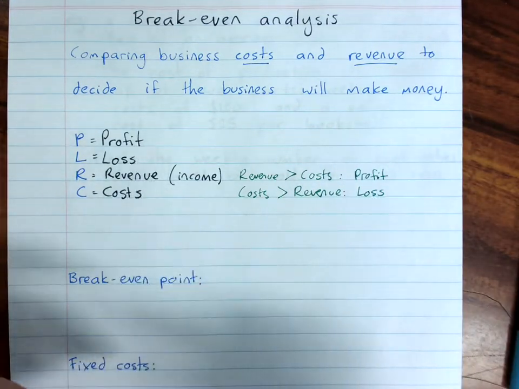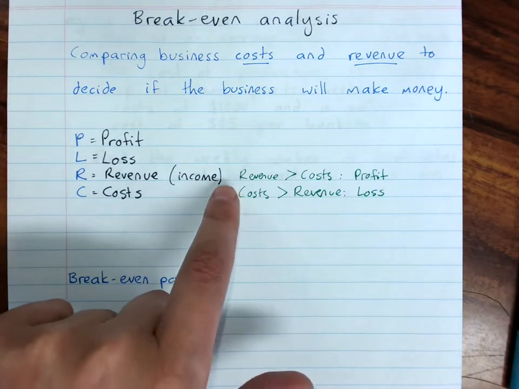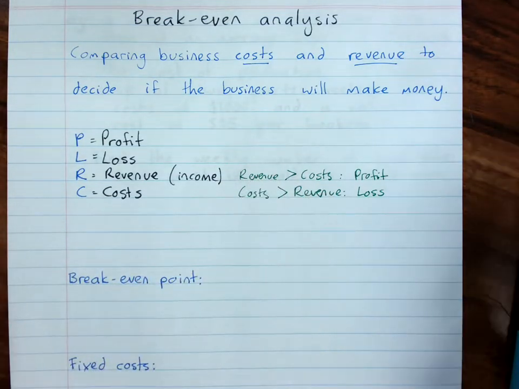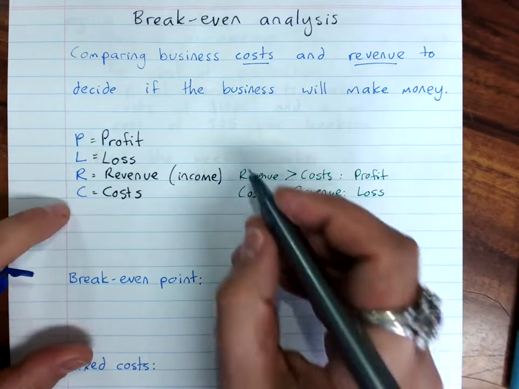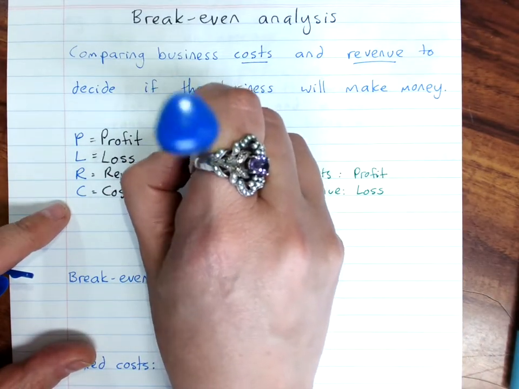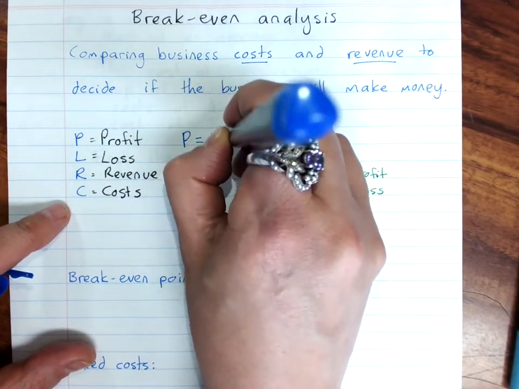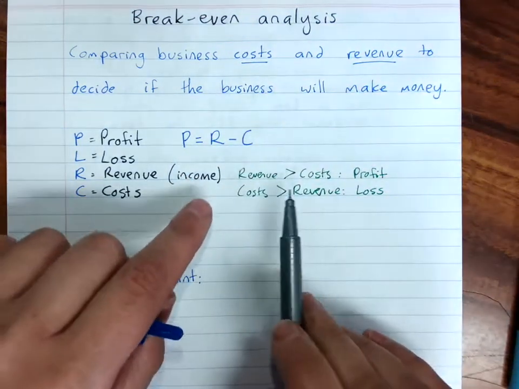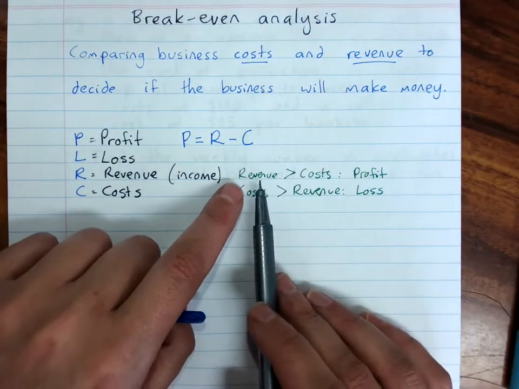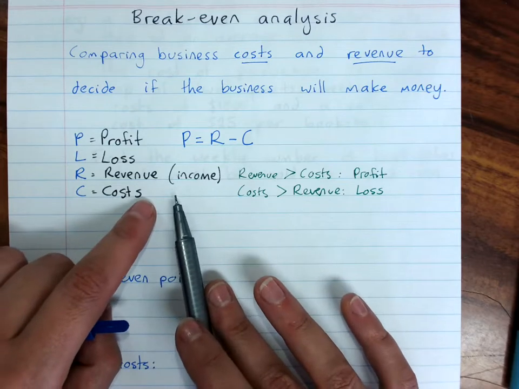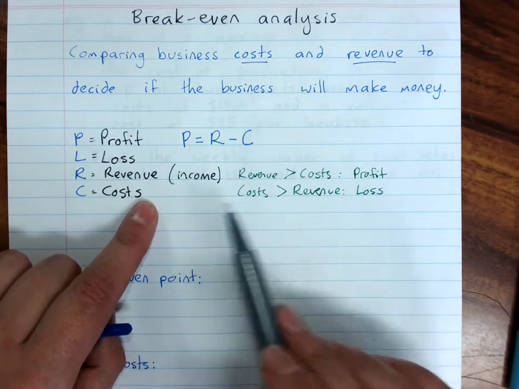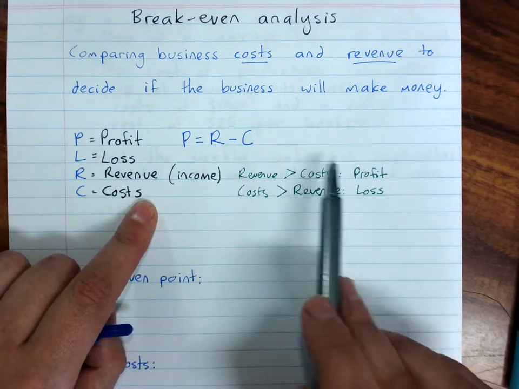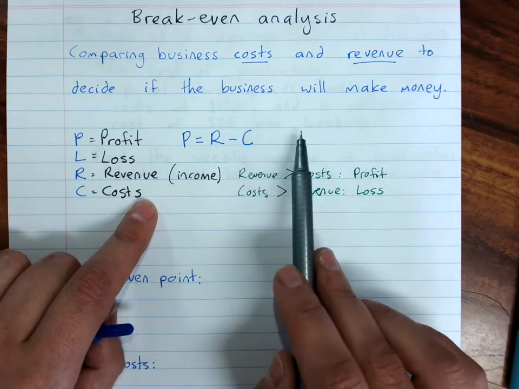To calculate profit, if your revenue was higher than the costs, then you get to calculate profit. And profit is just revenue minus the costs. So if you brought in $1,000 this week and it cost you $800 a week to run the business, then you made a profit. 1,000 minus 800 means $200 profit.